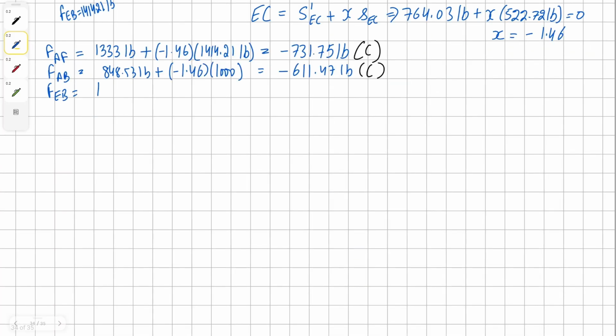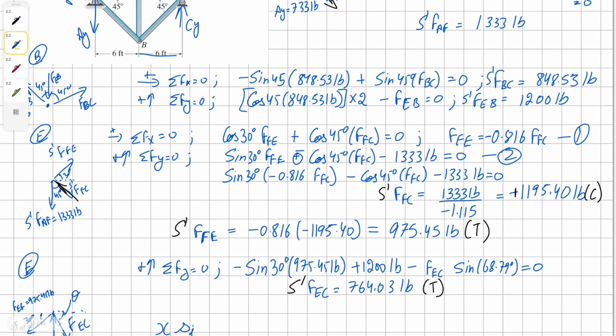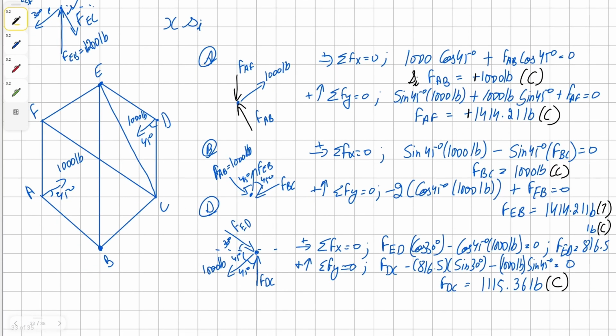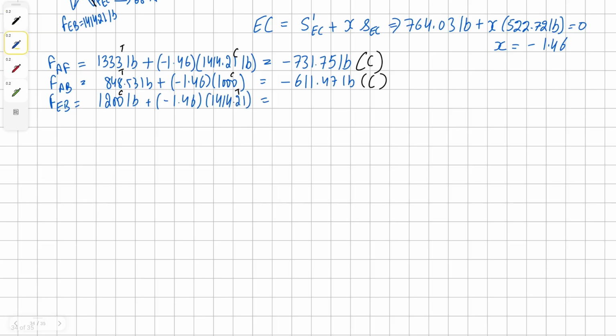We found S prime EB to be 1200 pounds, and that 1200 pounds was in compression. Then we have a petite EB, which was in tension at 1414. Now we get our solution as 1864.75 pounds, and it's positive, so that means our second half of the equation is still prevailing, and this tells us that it's in tension because our petite EB is in tension.